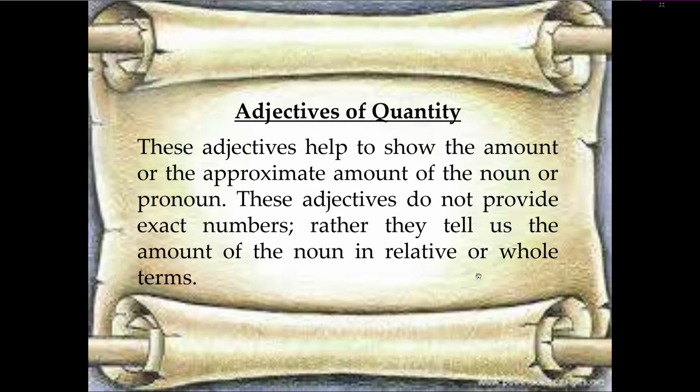Next is adjectives of quantity. These adjectives help to show the amount or the approximate amount of the noun or pronoun. These adjectives do not provide exact numbers. I am repeating, I just emphasize the keywords exact numbers. Rather, they tell us the amount of the noun in relative or whole terms.